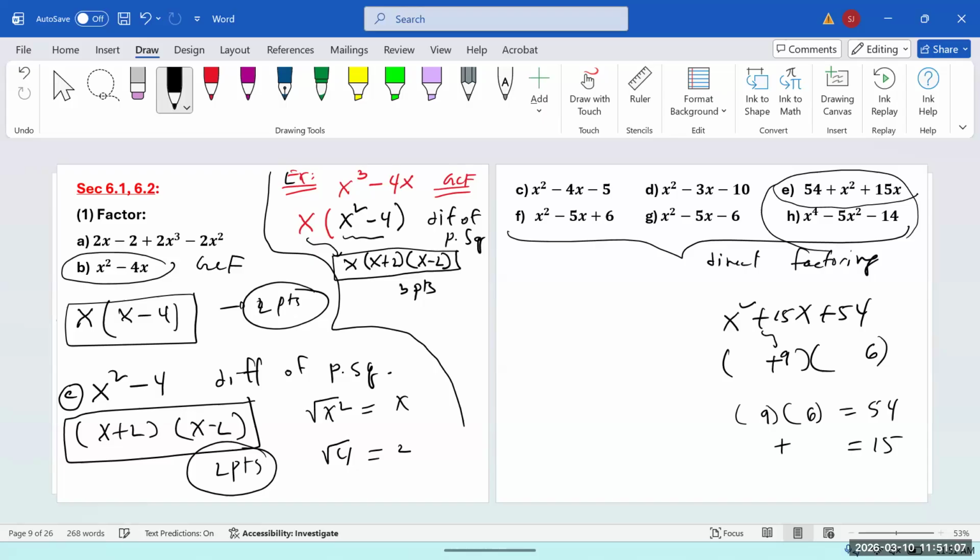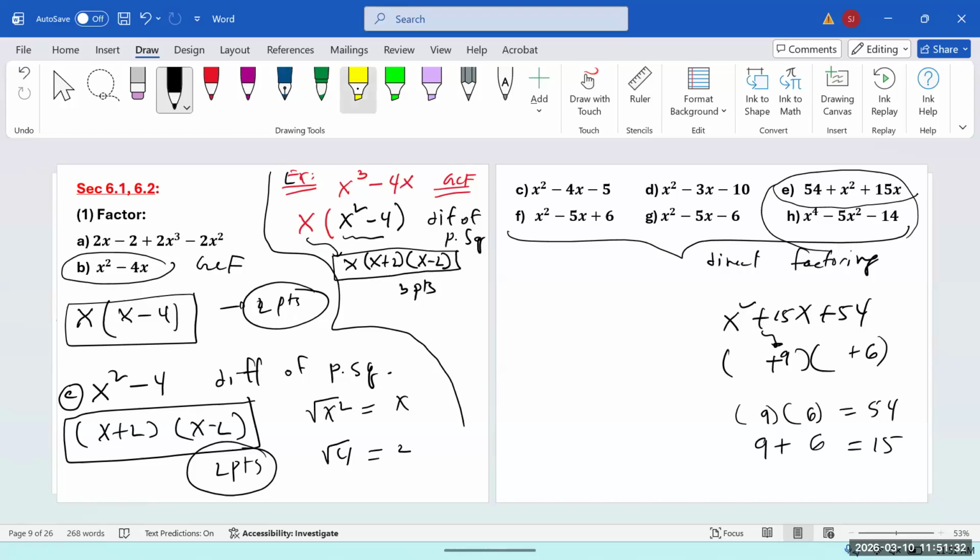So 9 has to be positive. Now, if 9 is positive, what sign does 6 have to have so we get 15? Positive. So that's how you can decide sign easily. Look for the sign for the bigger one and then decide the smaller one based on the addition.